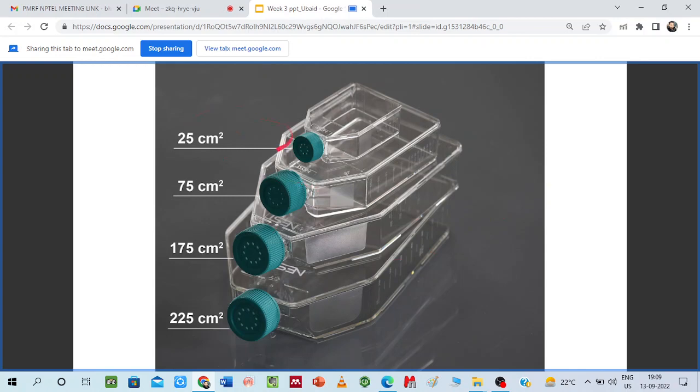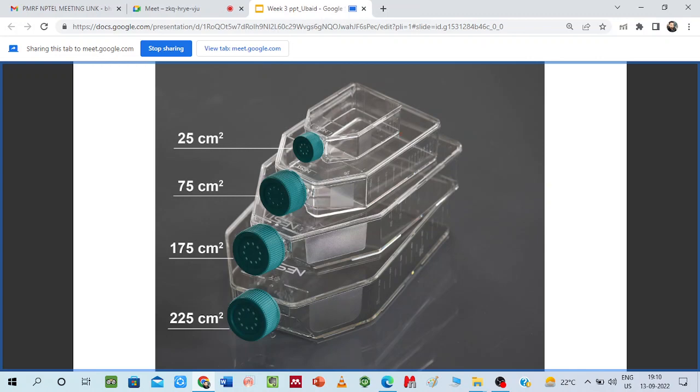Usually in cell culture there are T25, T75, T125 and T225 flasks. The T25 flask has a base area where the cells are grown and on which the media is present. The surface area is 25 centimeters square.